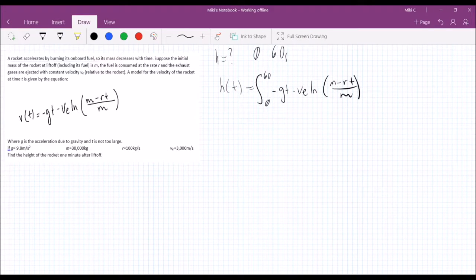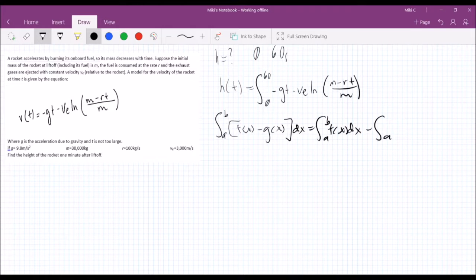The fourth property of the definite integral listed in the James Stewart 7th edition Calculus Early Transcendentals textbook states that a definite integral with an upper boundary of b and a lower boundary of a of f(x) minus g(x) dx is equal to the integral of f(x) minus the integral of g(x).